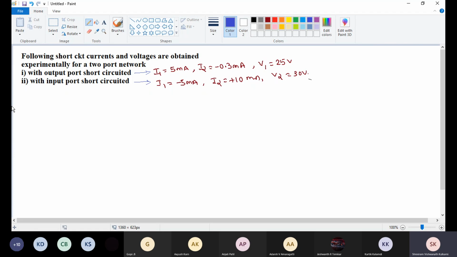Okay, now for the first case, with output port short circuited, V2 equals 0.